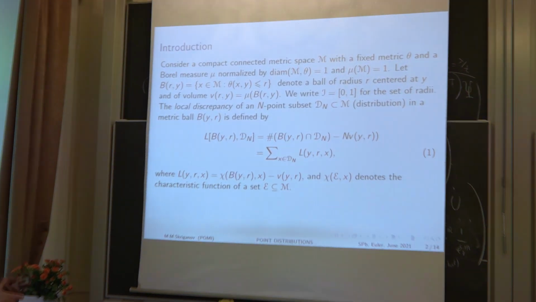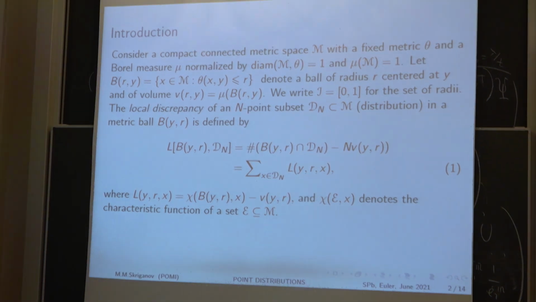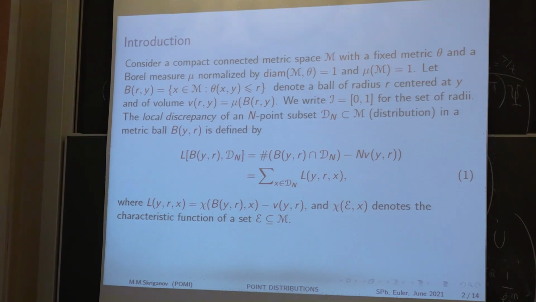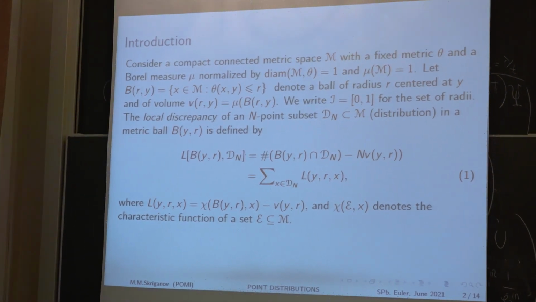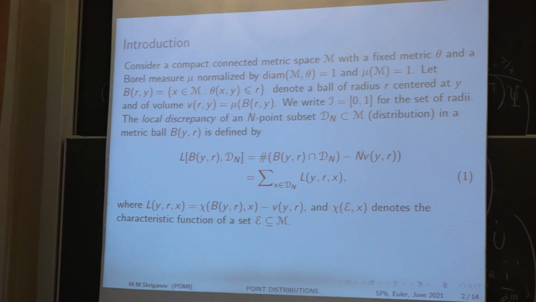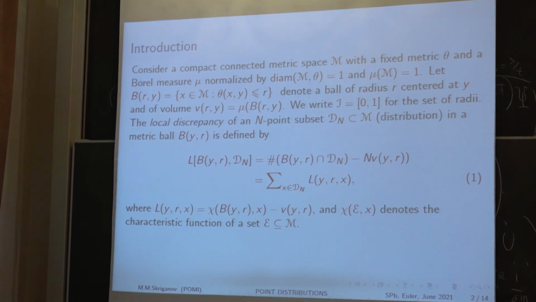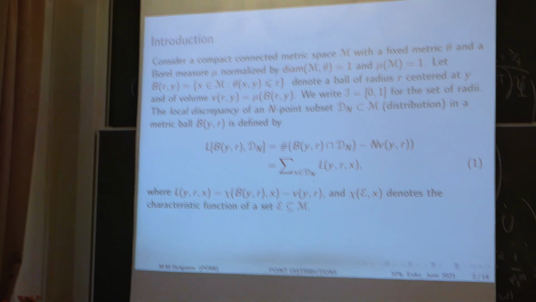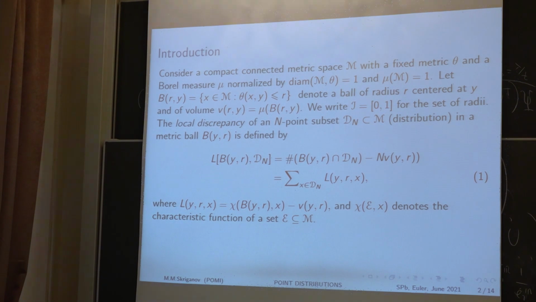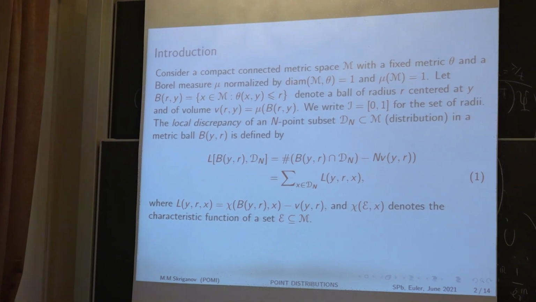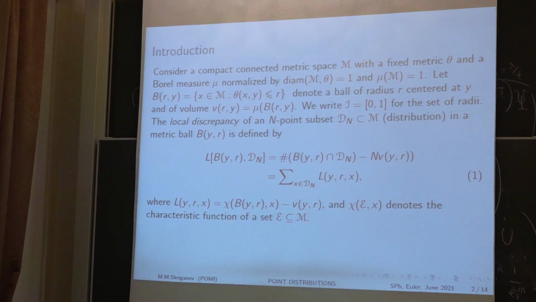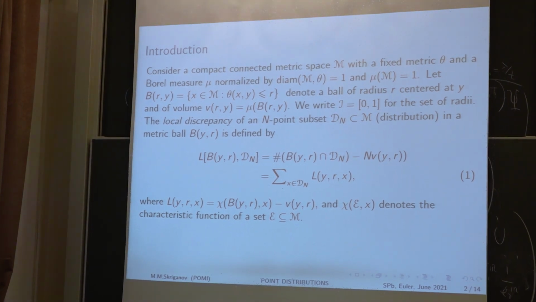Okay, so let's give some definitions to be concrete. So we consider a metric space. A Riemannian manifold can be considered as a metric space with fixed metric theta, which is simply the Riemannian metric, and a measure, the Riemannian measure on it, because the Riemannian manifold contains a smooth structure and a metric tensor, and all these things, metric and measure, can be easily defined.